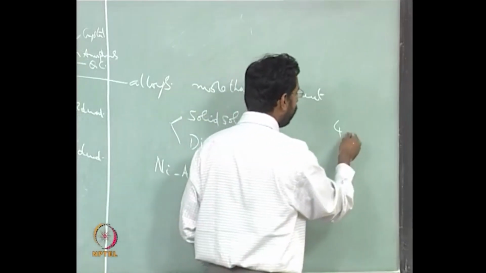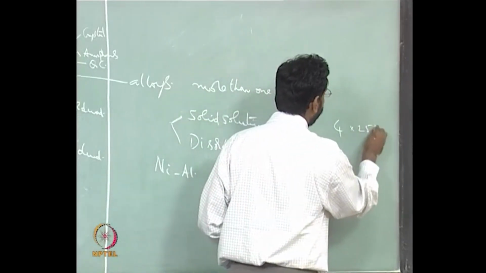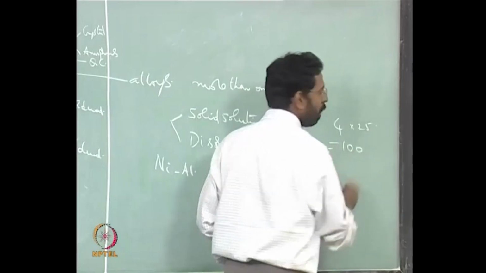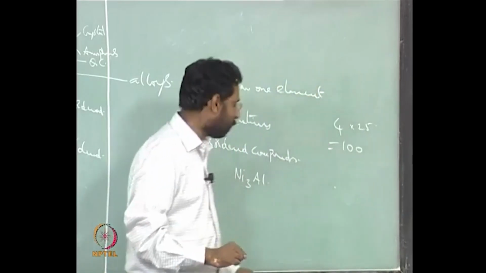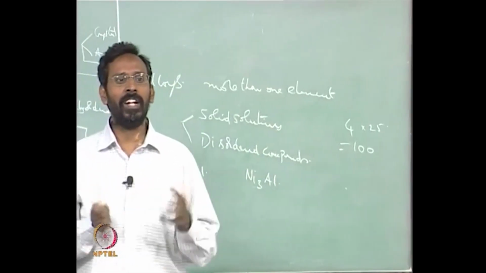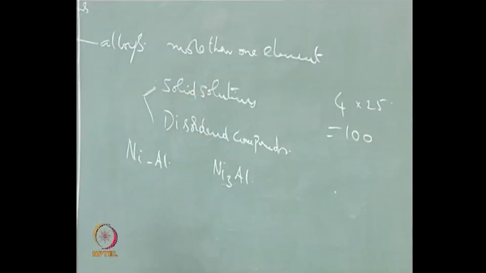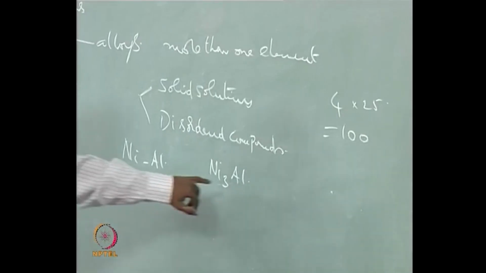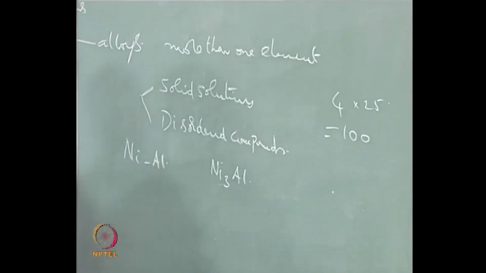So, if I take about 25 unit cells with about 100 atoms, in these 25 unit cells the 75 nickel atoms would sit wherever they want to sit, and similarly the remaining 25 atoms would sit wherever they want to sit. There is no preferred place for that.